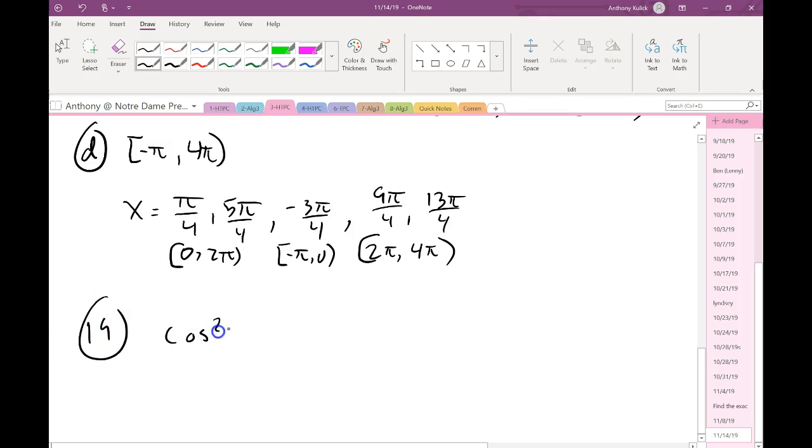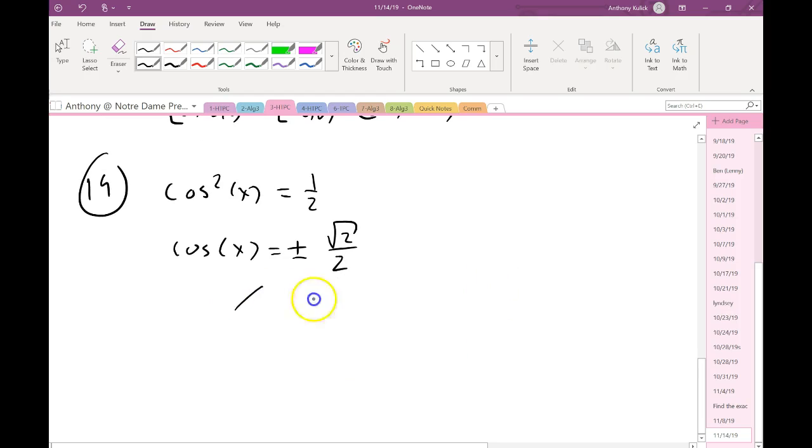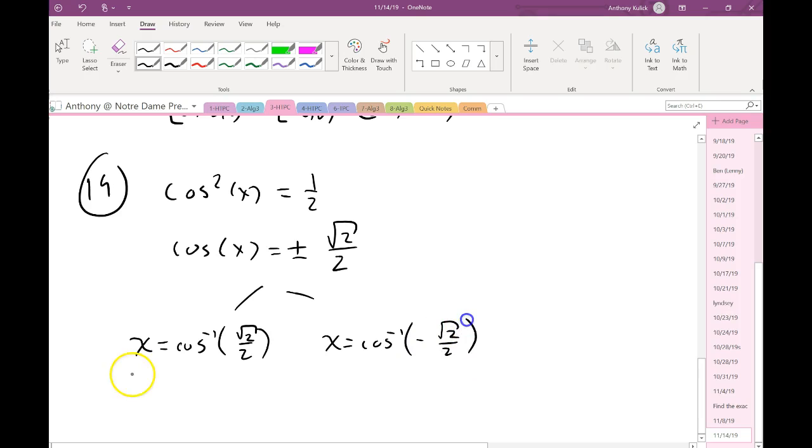So we have cosine squared of x equals 1/2. To solve for cosine, we're going to square root both sides, and when I rationalize my denominators, that gives me plus or minus root 2/2. I'd split that into two equations to solve, and I'd get x is the cosine inverse of positive root 2/2, and then cosine inverse of negative root 2/2.